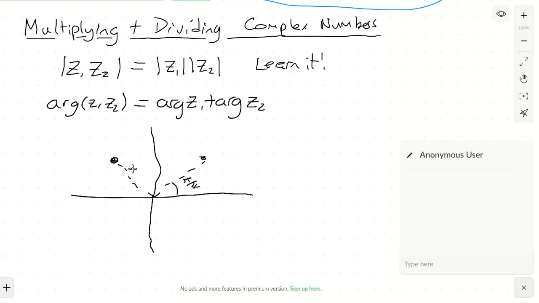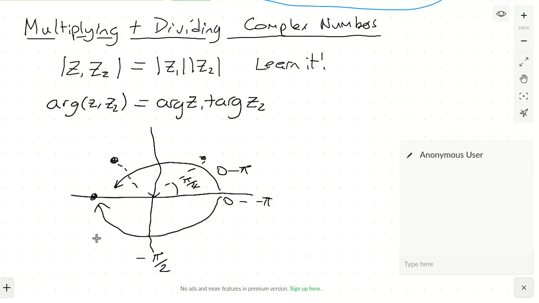Whereas if one was over there, that would be 3 pi over 4, because you always measure from 0 to pi going in that direction. So the complex number here would be pi, yeah? Whereas it goes from 0 to minus pi down on the bottom, and so this would be minus pi over 2, and if you go right the way around, it's minus pi.